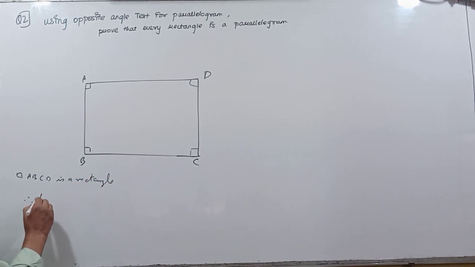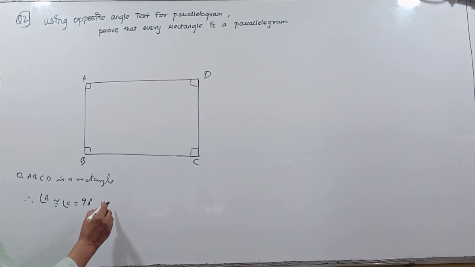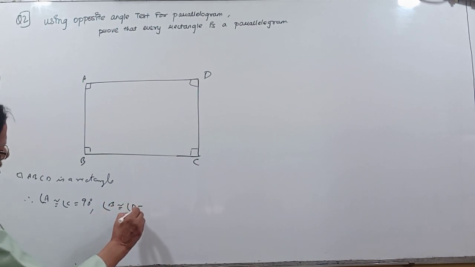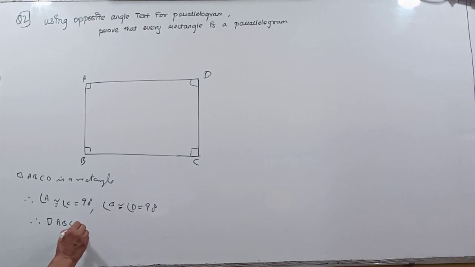Therefore, angle A congruent to angle C equal to 90 degrees. Angle B congruent to angle D, each one equal to 90 degrees. Therefore, quadrilateral ABCD is a parallelogram.